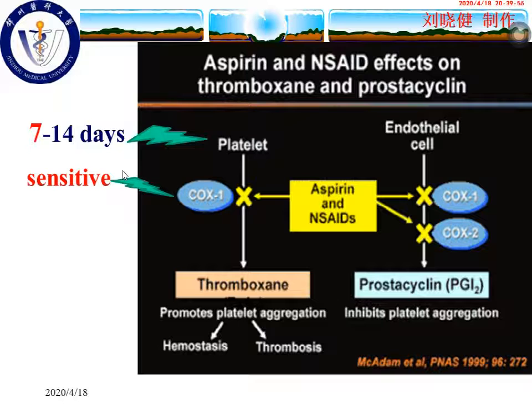When someone has long therapy with aspirin to inhibit thrombosis formation, and needs surgery because of some disease, it is necessary to stop using aspirin before surgery, at least 7 days, to let the platelet function recover the balance between these two prostaglandins.